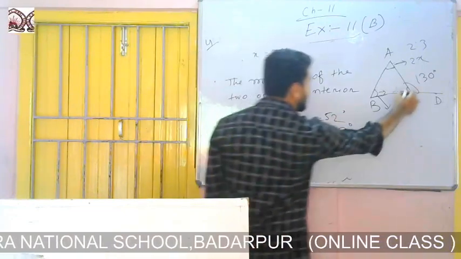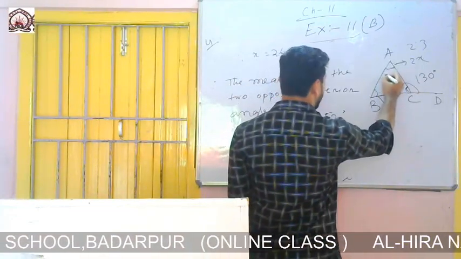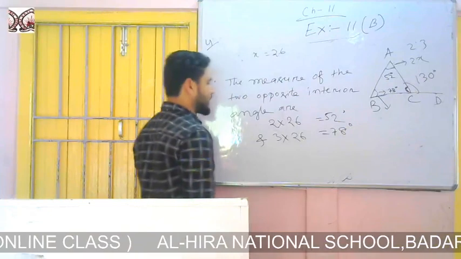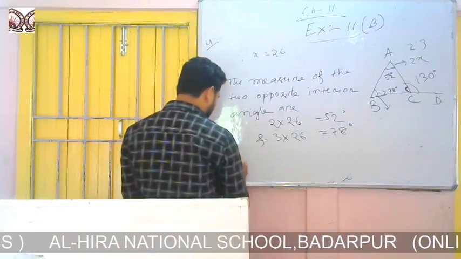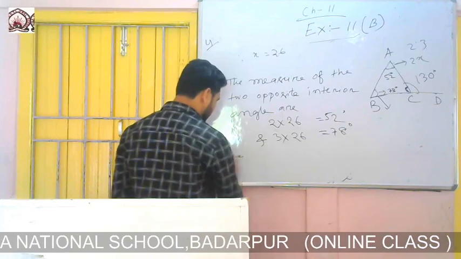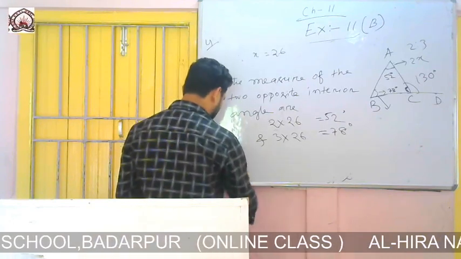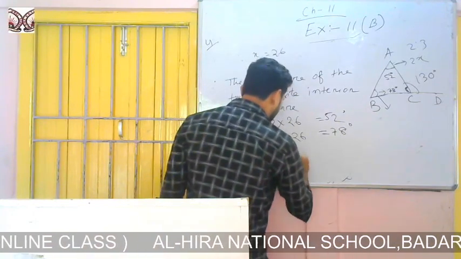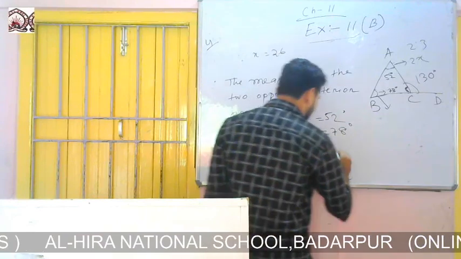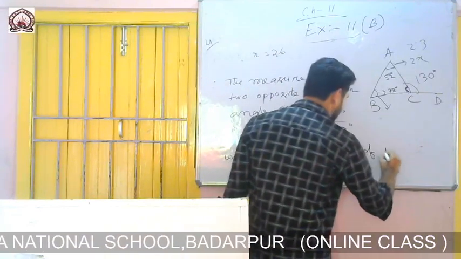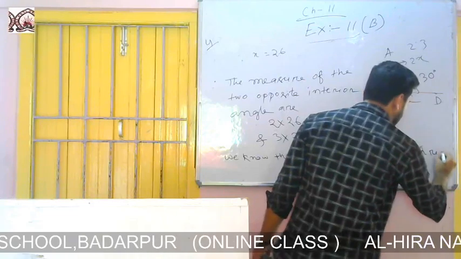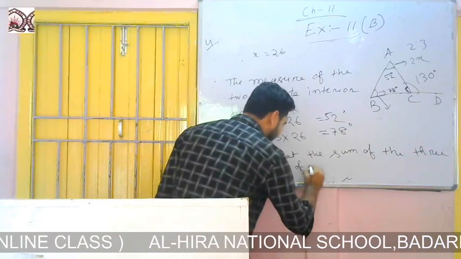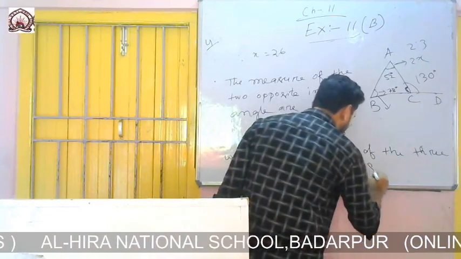Now we can find this angle. We know that this angle is 52 degree and this one is 78 degree. So we can find this one by the angle sum property. Okay, right again, we know that the sum of the three angles of a triangle is what? 180 degree.